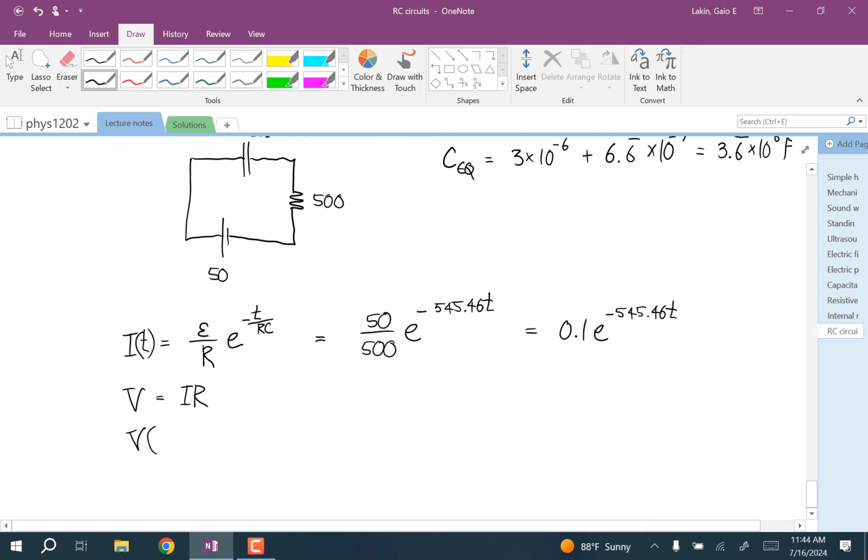And so the voltage as a function of time is equal to the resistance times the current, which comes out to 50 times e to the negative 545.46 t.